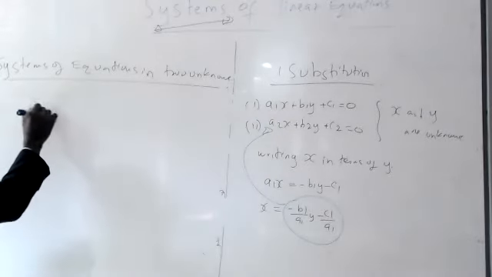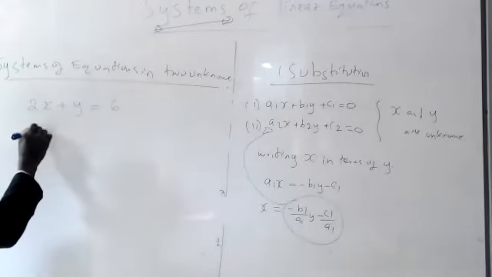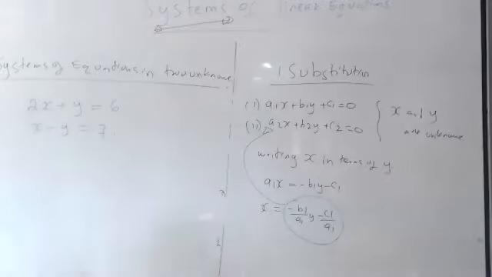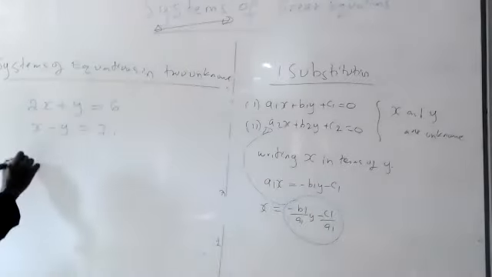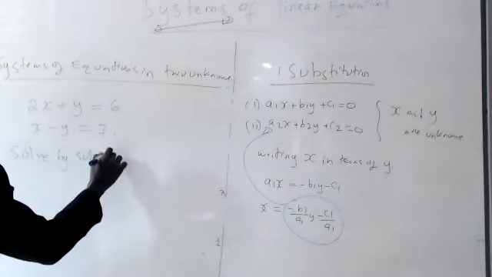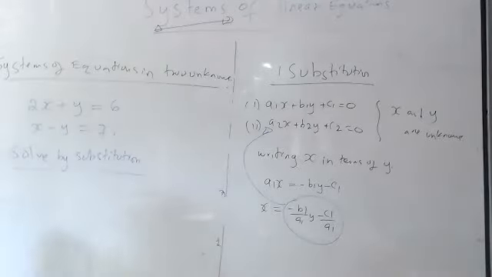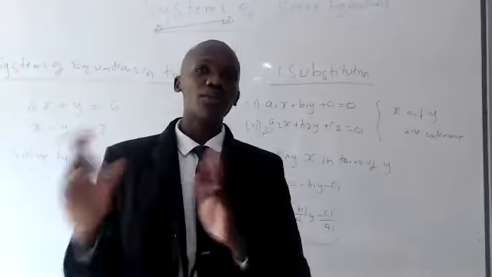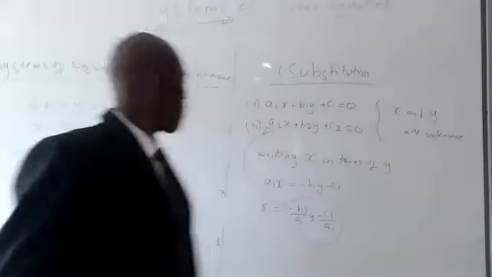So for example, you want to solve 2x plus y is 6 and x minus y is 7. Solve this by substitution. We have said for substitution, use any of the equations and write one unknown in terms of the other, and then substitute this expression into the other equation.